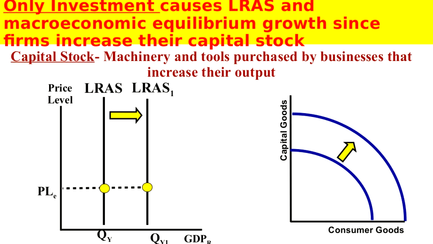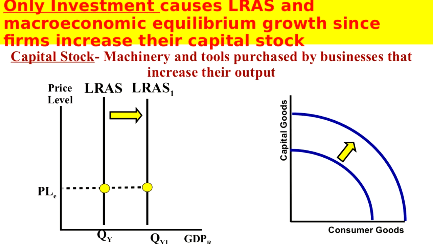Okay, so that LRAS is going to stick there. It's going to move basically never, unless you do the things that increase PPFs. The best example is an investment in capital stock. So I've got a set amount of resources to produce things in my country. If I change those resources in some way, then perhaps it's good for me.